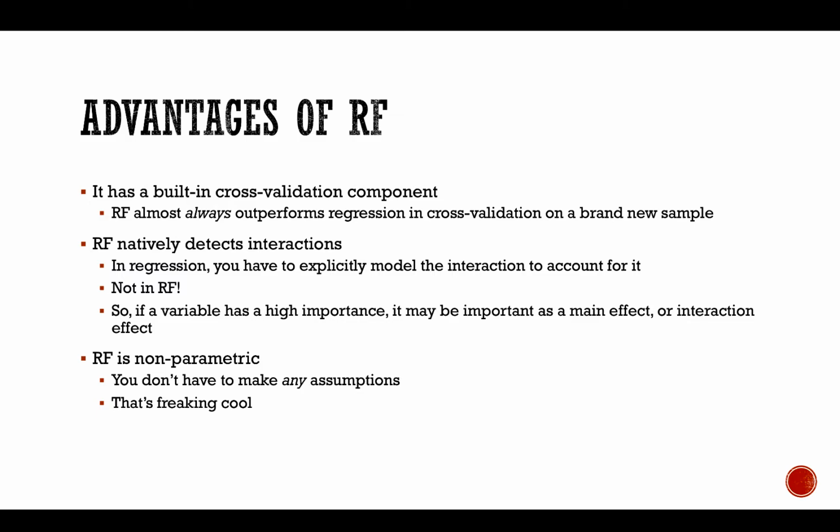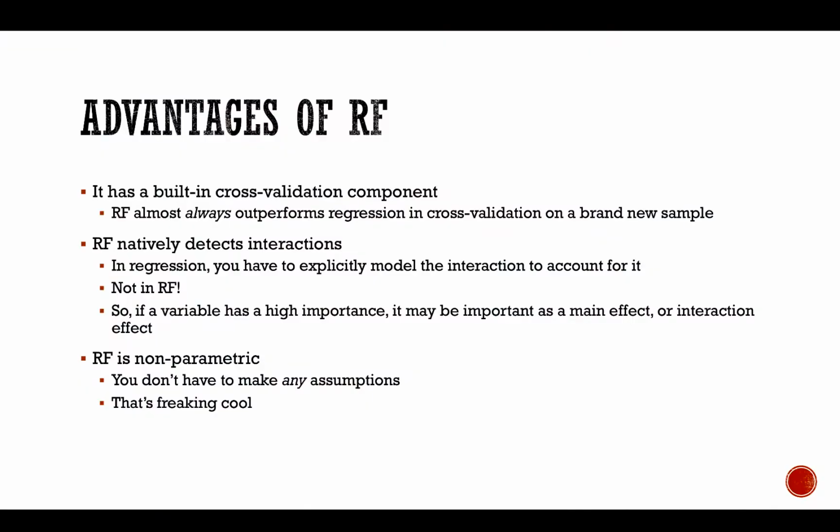Another advantage of random forest, which is absolutely phenomenal. It is amazing. It is brilliant. It has saved my life so many times, made so many analyses so much easier, and that is that random forest natively detects interactions. So with a regression, you have to explicitly specify whatever interactions you think are present in the model.